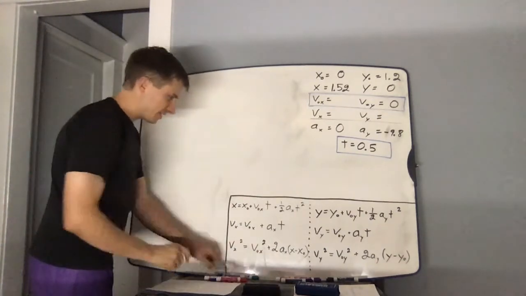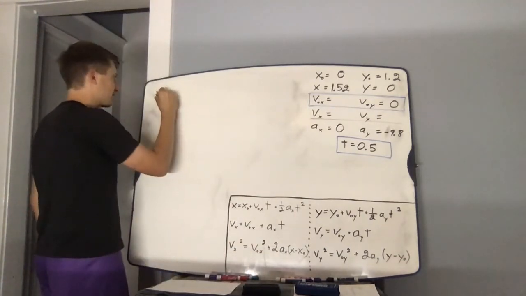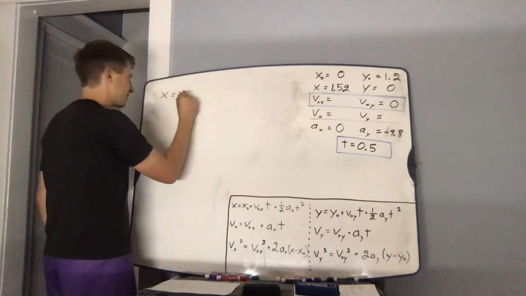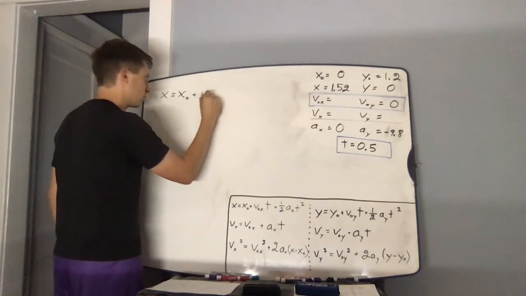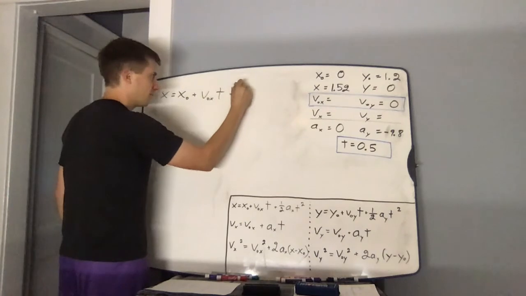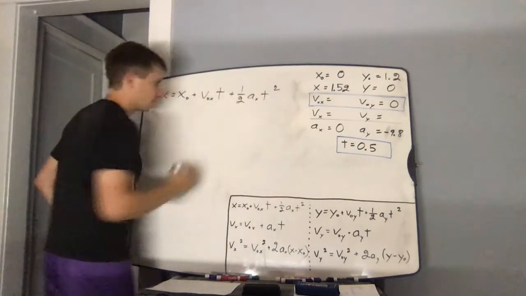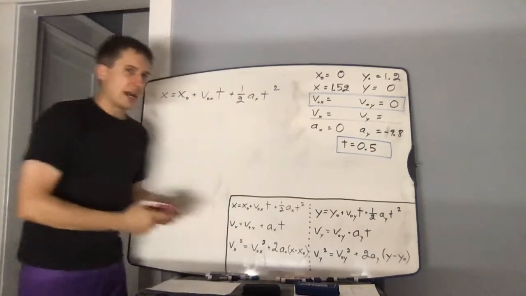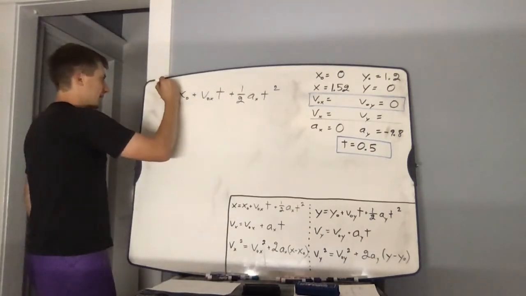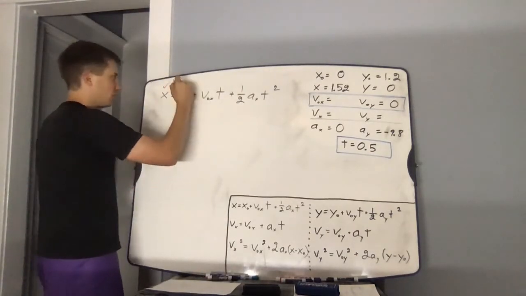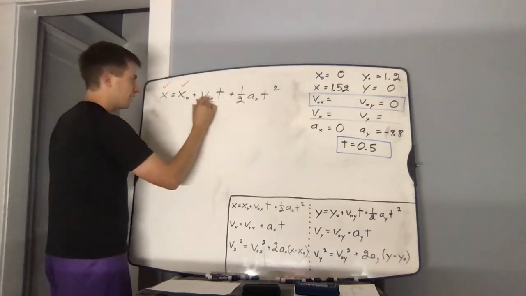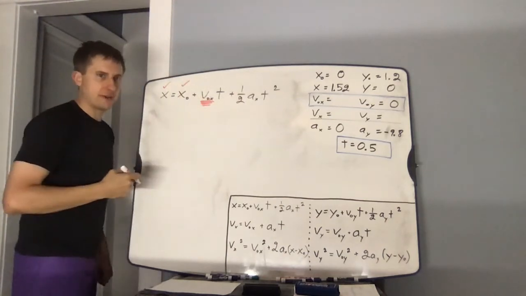So for this, we have x final is equal to x initial plus v initial x t plus 1/2 ax t squared. Do I know x final? Yes. Do I know x initial? Yes. V initial x, that's really what we want to find.